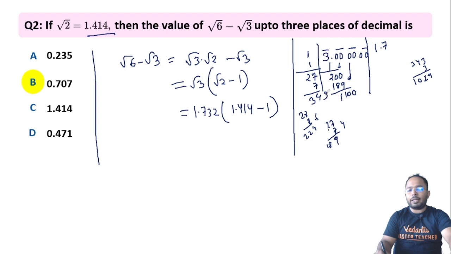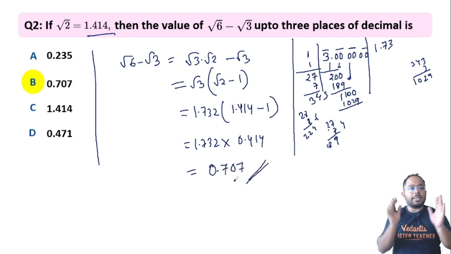So that's why we get 3 and 3 here, 1029. Now again, the process goes on. So this is how we get 1.732, and when we multiply this 1.732 with 0.414, ultimately we get our answer as 0.707. Okay, so this is how we can do this question.